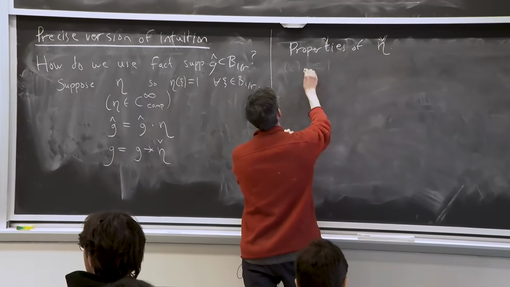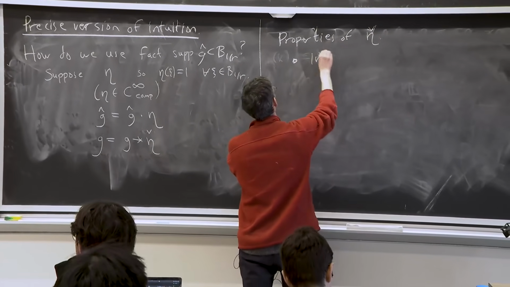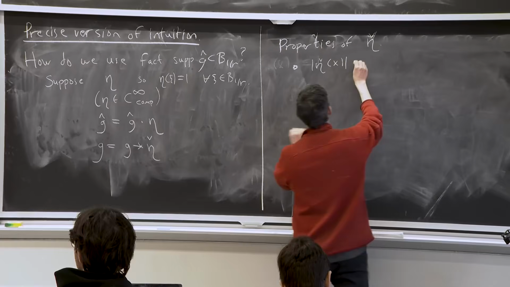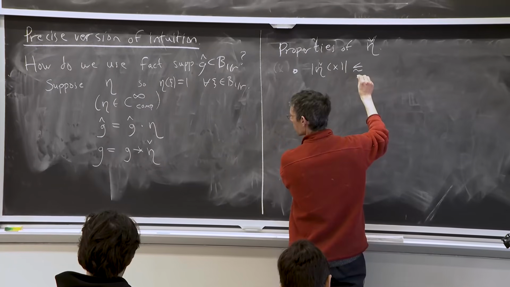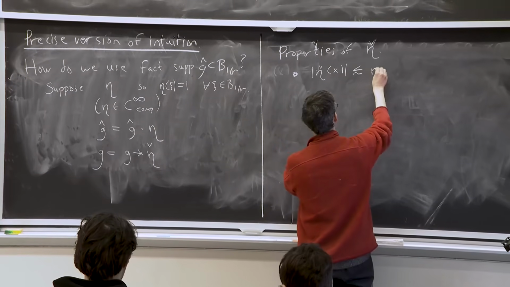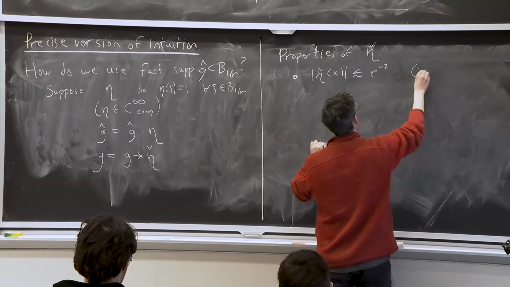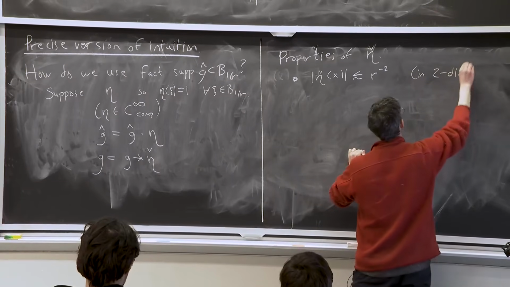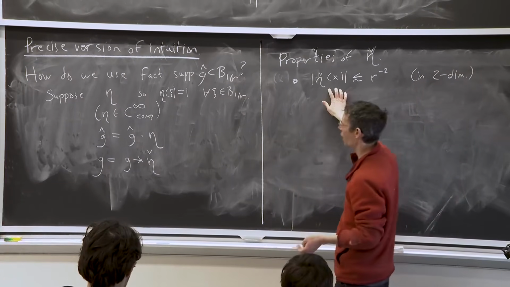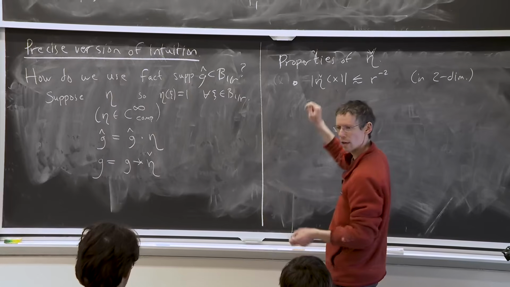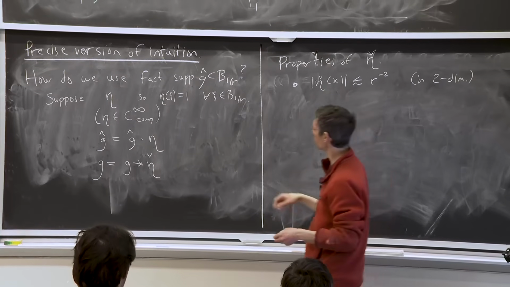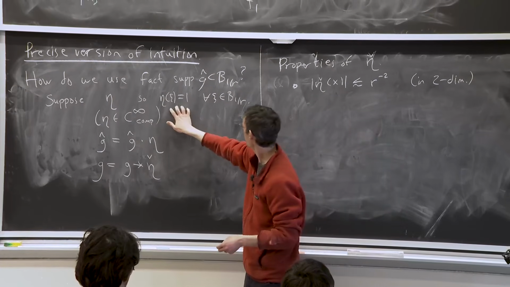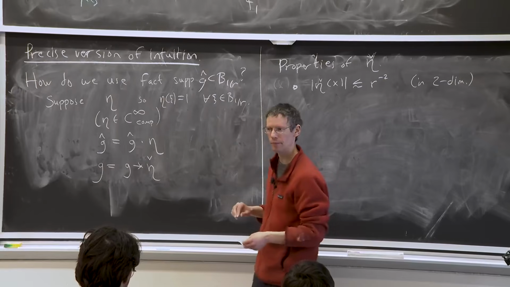OK. So for one thing, eta check of x is less than r to the minus 2 in the plane. That just follows from the triangle inequality. To compute eta check, we integrate eta times a complex exponential. And eta has size 1, and it's supported on this ball.